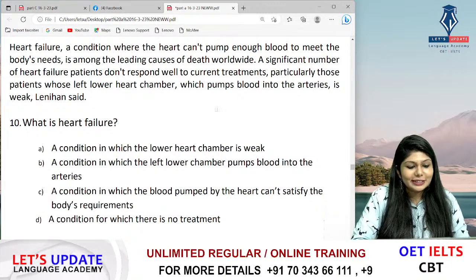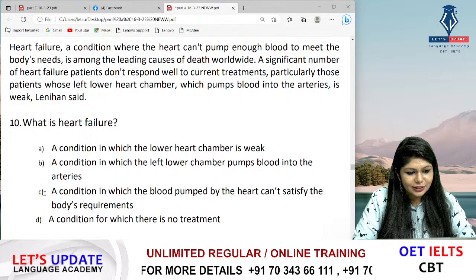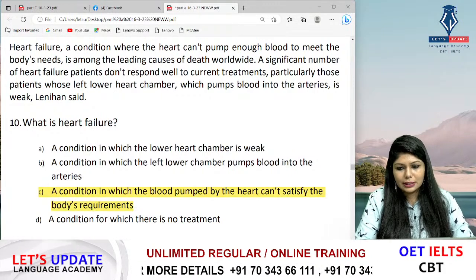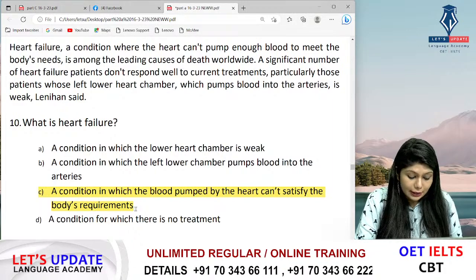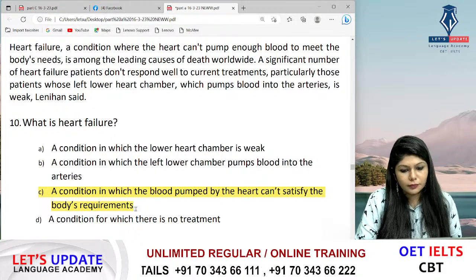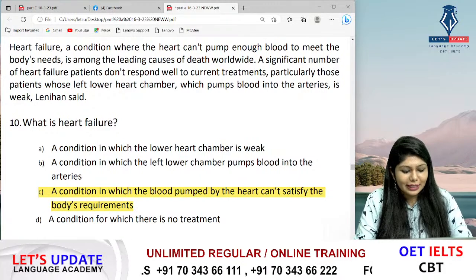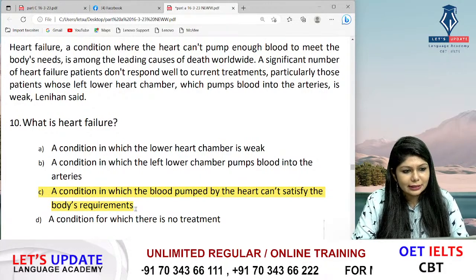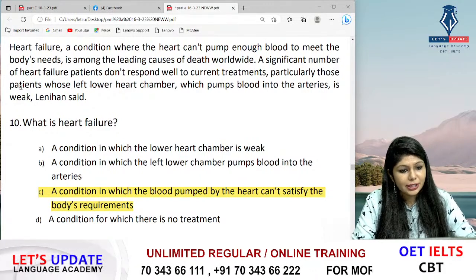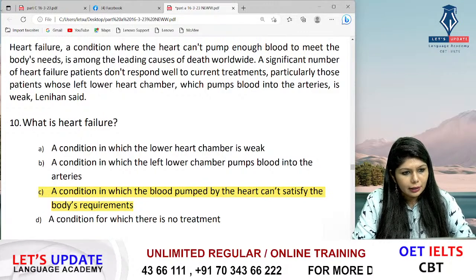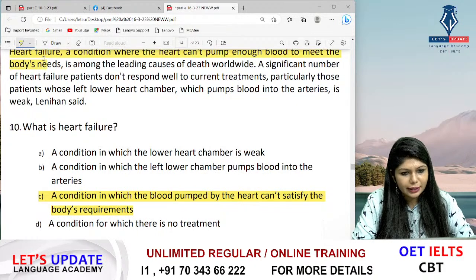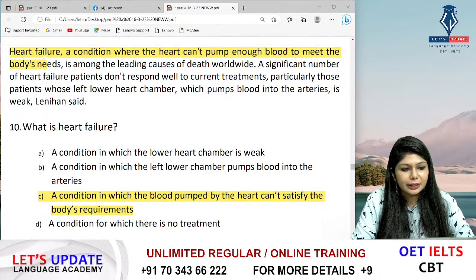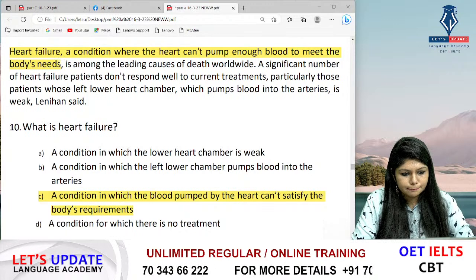So let's look at the correct answer. The correct answer for this question is option C, a condition in which the blood pumped by the heart can't satisfy the body's requirements. And where do you think is the correct answer? It's in the beginning. Heart failure, a condition where, just highlight that answer, a condition where the heart can't pump enough blood to meet the body's needs.